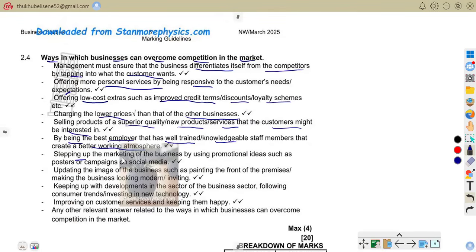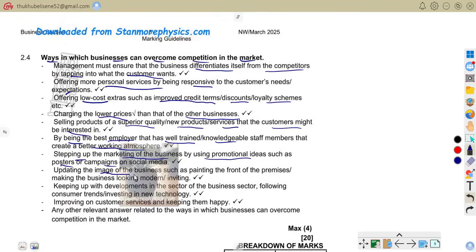Stepping up the marketing of the business by using promotional ideas such as posters and campaigns on the media. So here you are increasing marketing and promotion. You are promoting products through advertising and social media campaigns. That is where a company may advertise products on Instagram or even on Facebook.